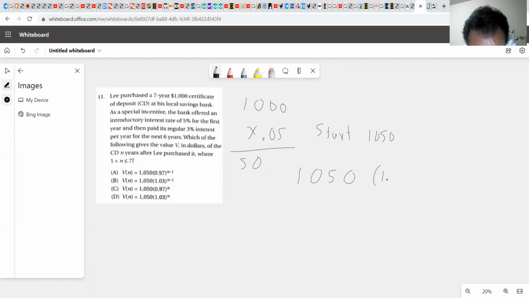So 1.03 to the N minus 1, right? Would it be that one, or would it be this one: 1,050 times 1.03 to the N, right?